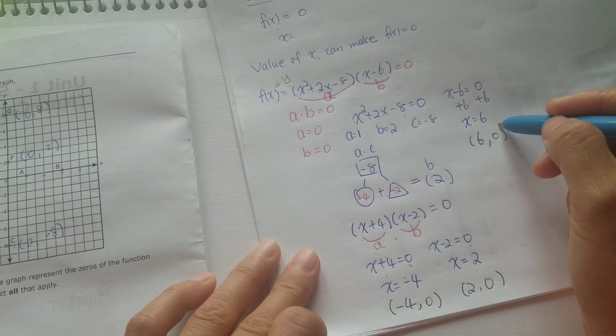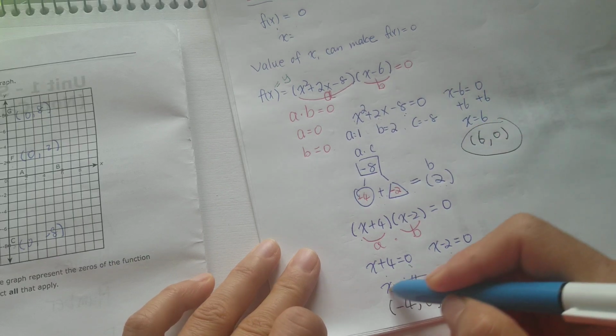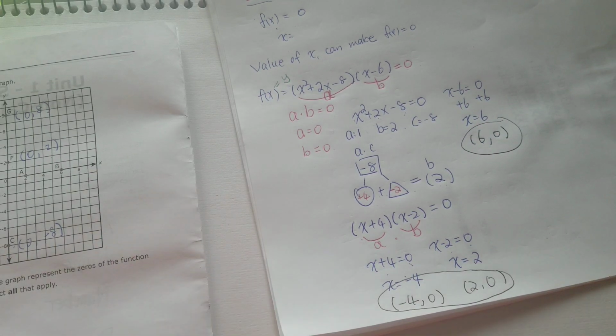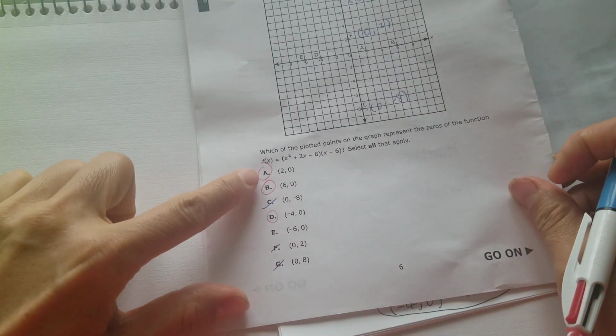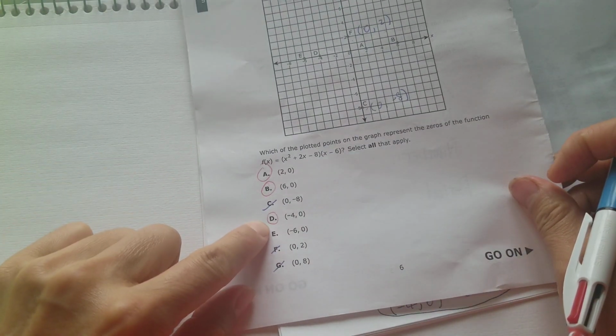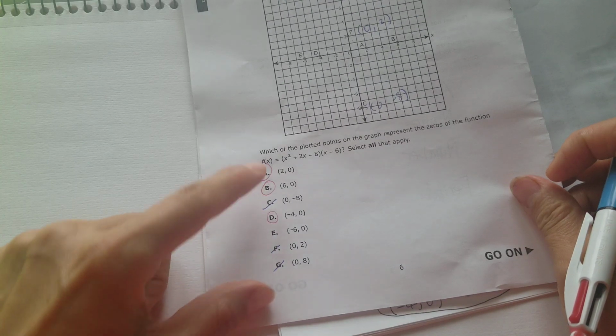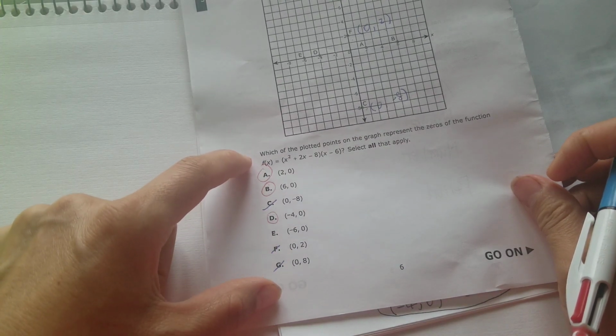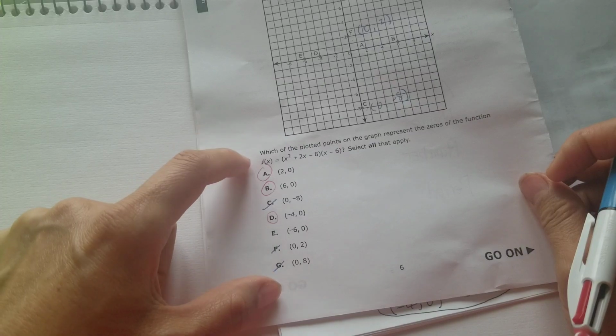Now you have another one here. We have 3 solutions, and you can see A, B, and D are the solutions. Also, there is another way to help you if you get really confused. Think about this.